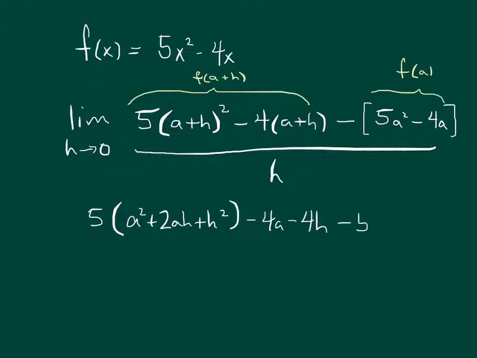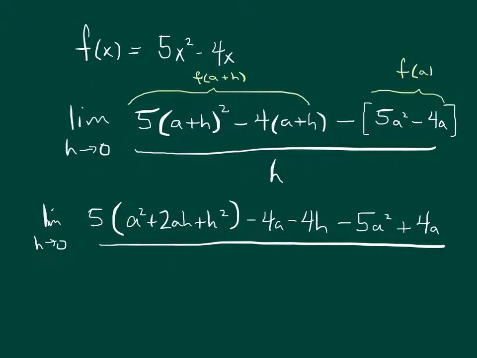And then I'm subtracting 5a squared, but then I'm adding 4a, according to distributing this negative across this bracket. I've got to carry down the limit symbol because I haven't actually taken the limit yet, and of course I didn't do anything with the denominator.